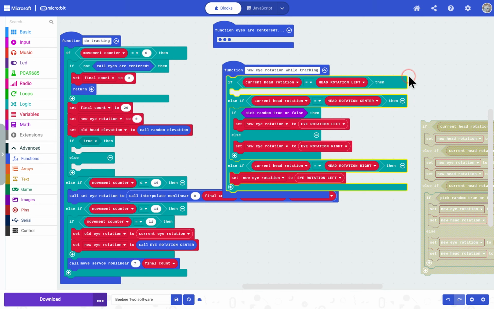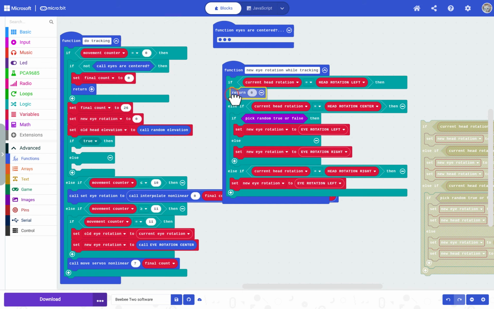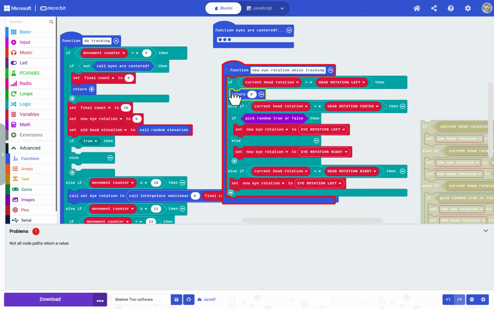So if head rotation is to the left, we want to return the eye rotation.